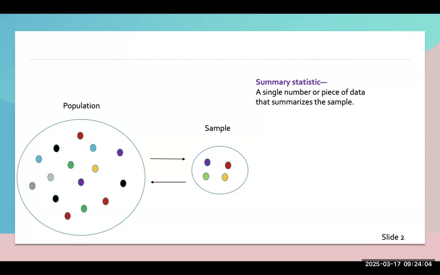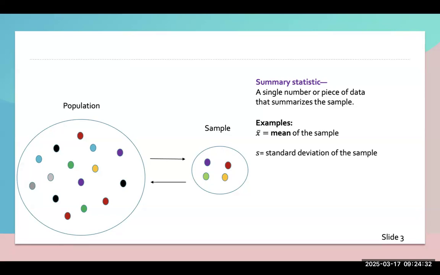So we said that a summary statistic was a single number or piece of data that summarizes the sample. We've talked about a lot of different statistics like mean, median, mode, standard deviation. We use X bar to represent the mean of the sample, and we use the letter S to represent the standard deviation of the sample. We're going to talk about the mean and the standard deviation a lot for the rest of the semester.